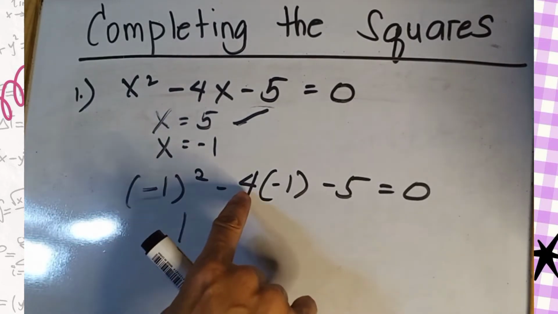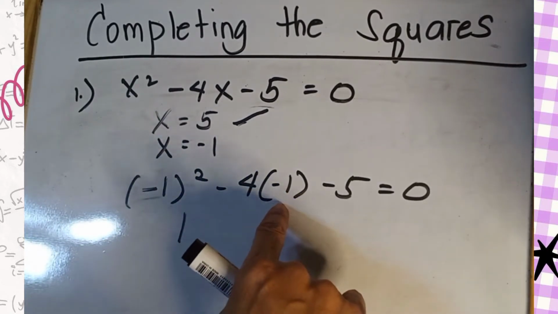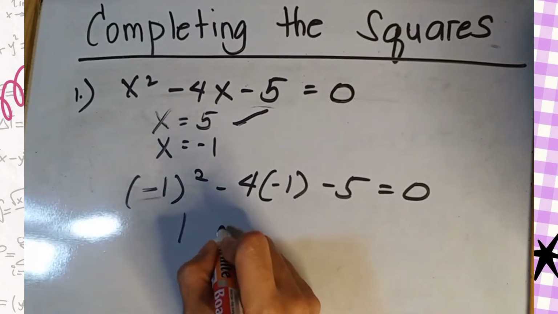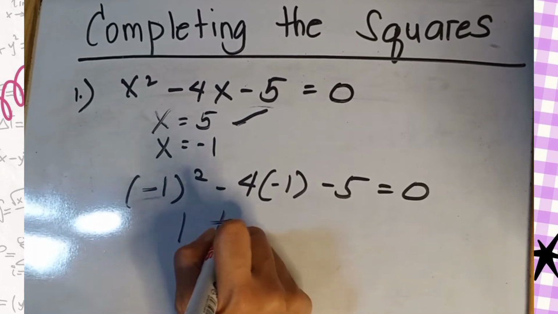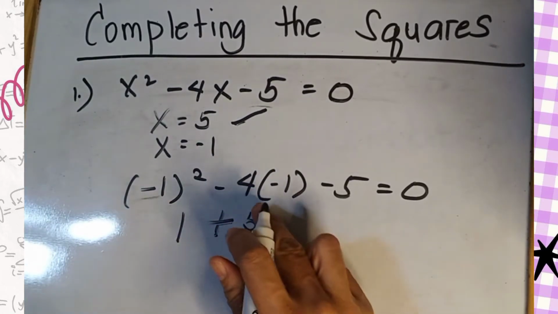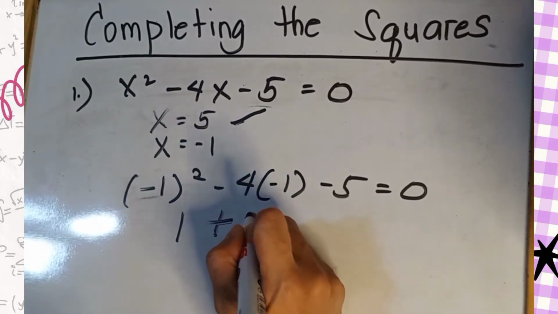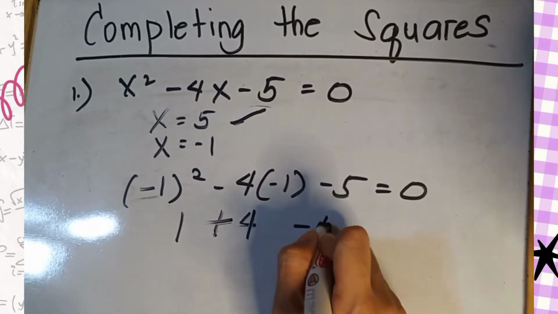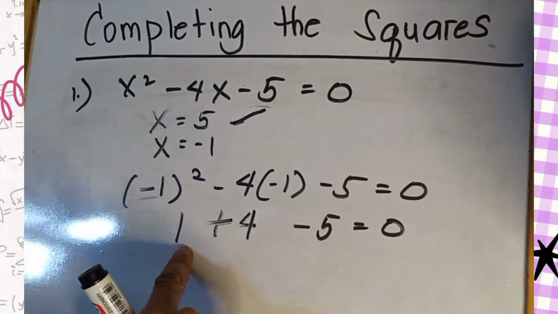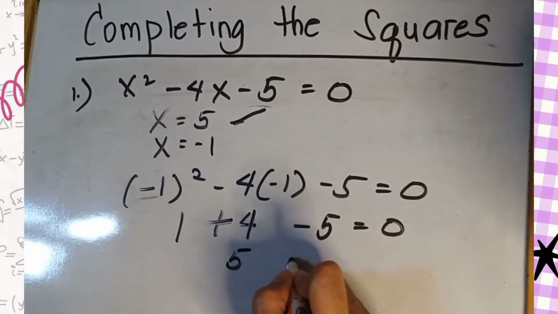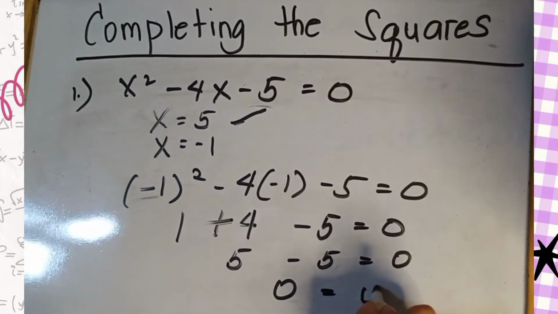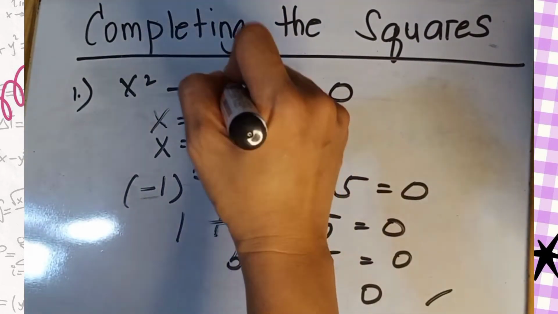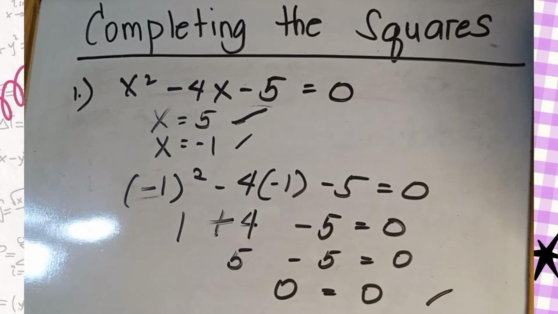And then negative 4 times negative 1, since pareho silang negative, like term sila, magiging positive yung sign. So that is positive 4. Positive 4, and then minus 5 is equal to 0. 1 plus 4, that is 5, minus 5 is equal to 0. 0 is equal to 0. So therefore, negative 1 is also another value of x.